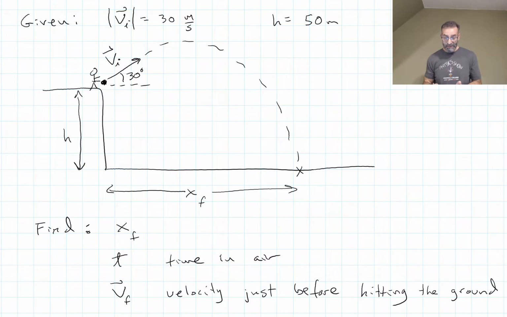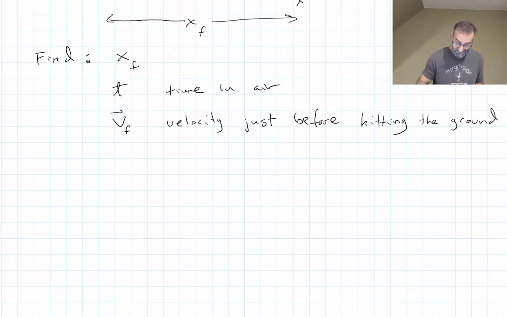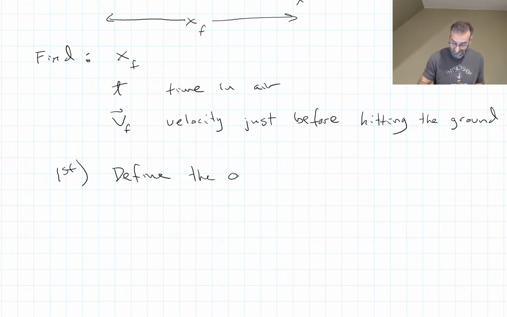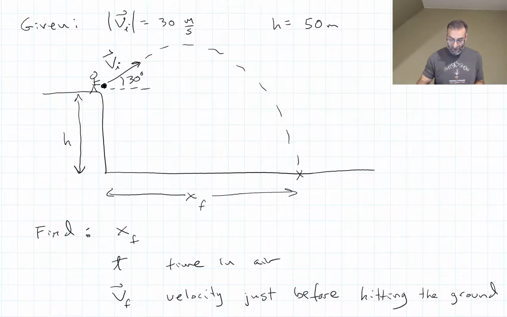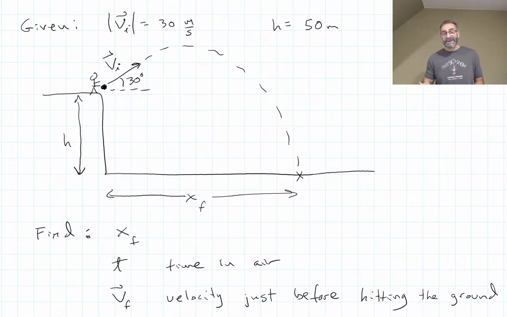So what are we going to do with this problem? We're going to look at the x and y motion separately. And how do we always start a kinematics problem like this? Number one, define the origin. So let's do that. We can pick the origin wherever we want.